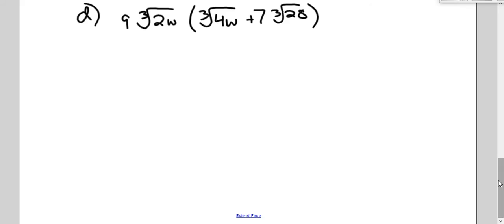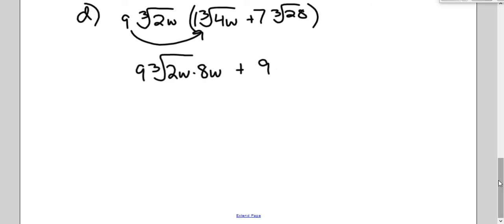Okay, so then multiply, and remember there's technically a 1 there, so don't be afraid of what's happening there. So 9 cube root 2w multiplied by 8w plus 9 multiplied by 7 2w multiplied by 28.